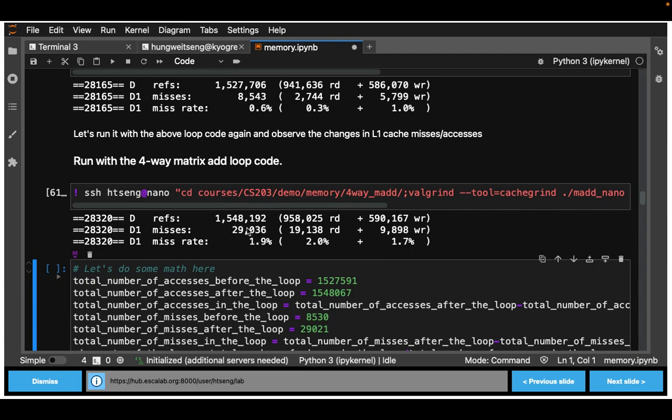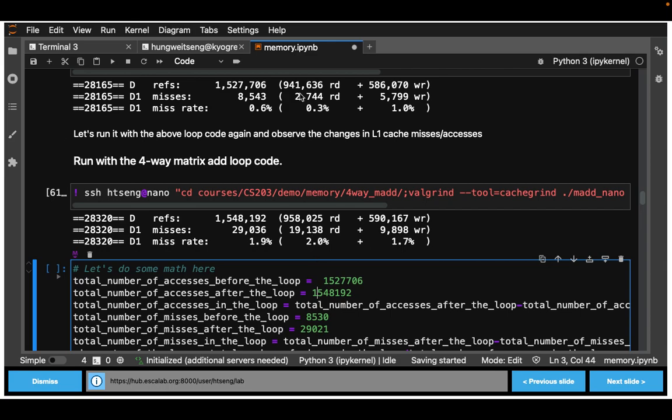After I run this loop, I got around 20K more accesses, but I also got around 20K more memory misses. Did you see that? We can put them in a table, and that's the good thing about Jupyter Notebook. This is the total number of memory accesses before the loop, and this is after the loop.